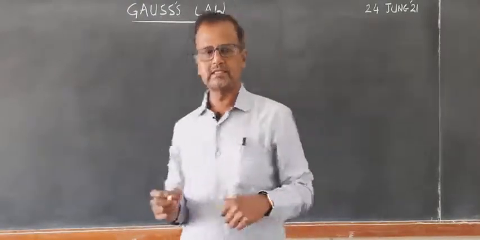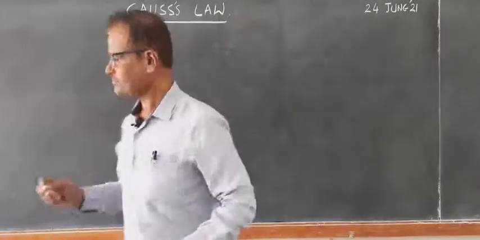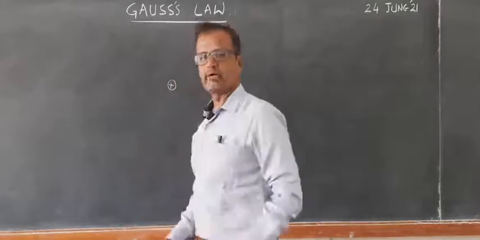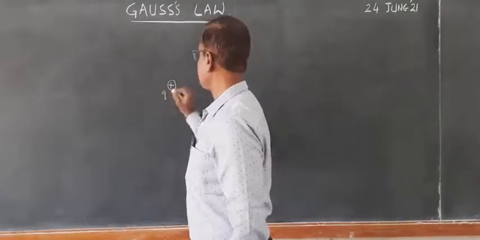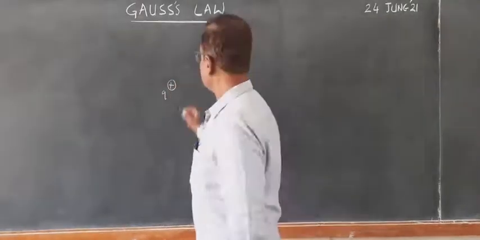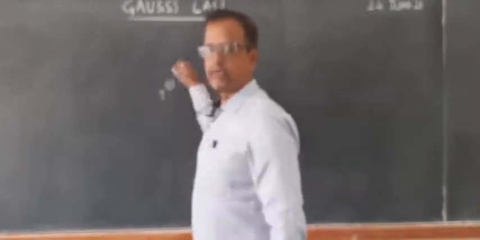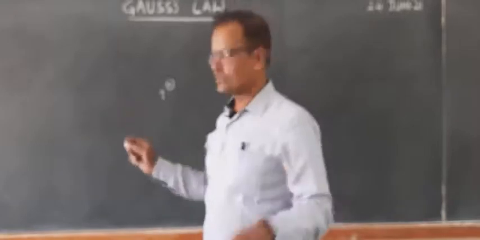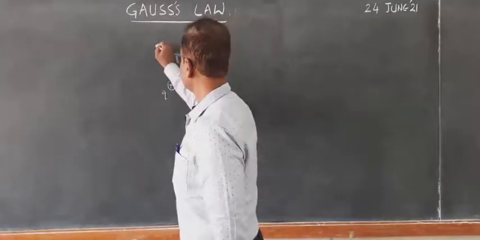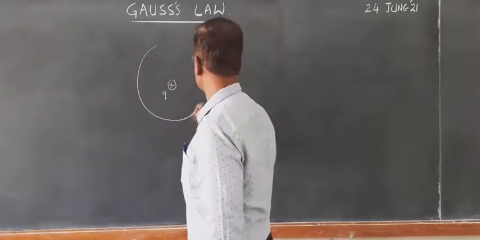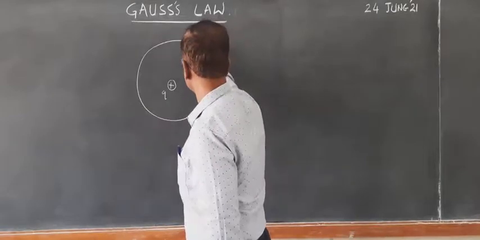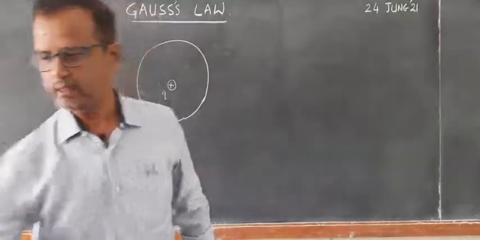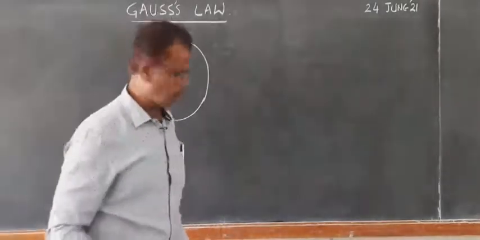Let us consider a case of a point charge. Suppose this is a point charge Q, and we know the electric field due to this point charge Q is radially outwards. Suppose I draw a sphere of radius r.